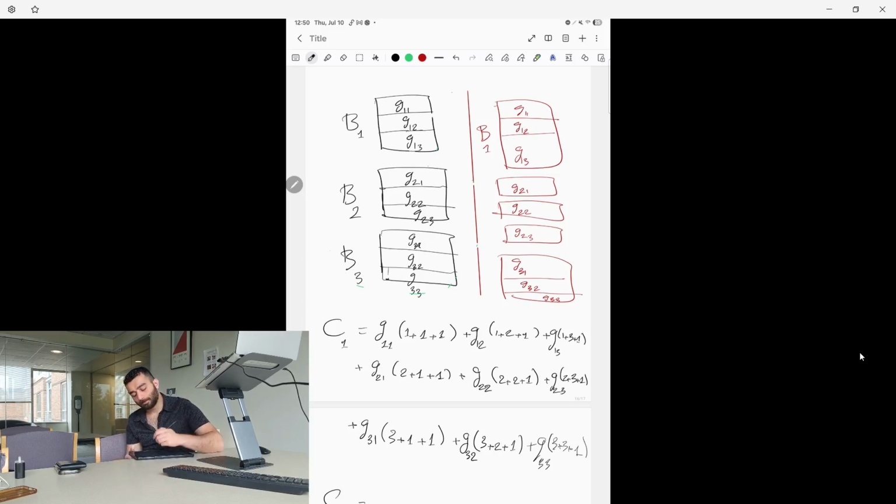So let's go B1 expansion. Or pullback or whatever. I'm creating words, terms. So C1 is, what is it? Sigma J goes 1 to M for each bag.